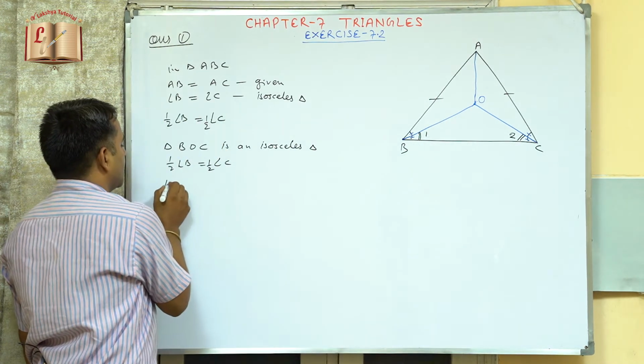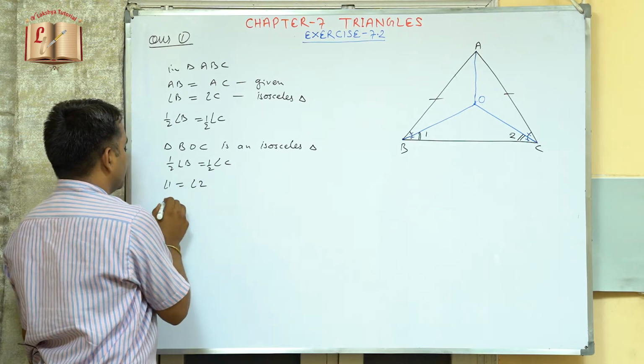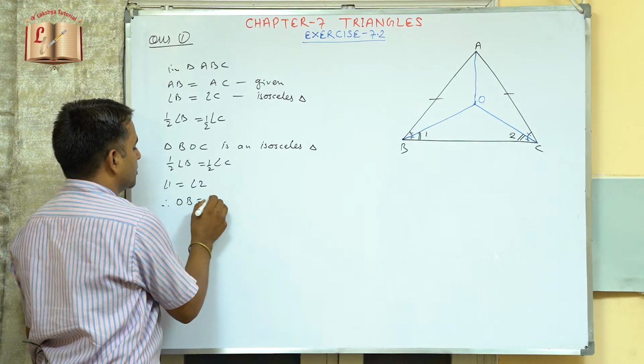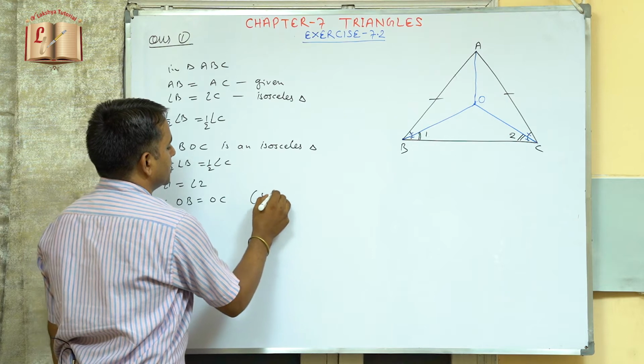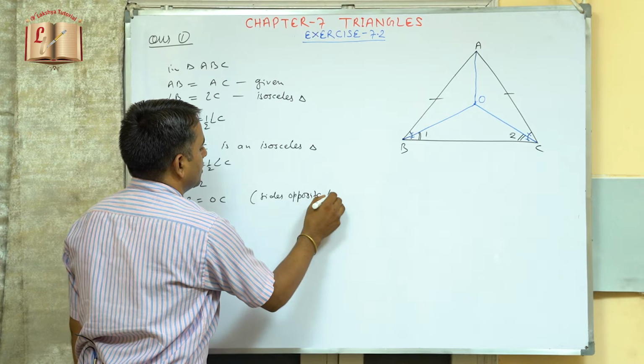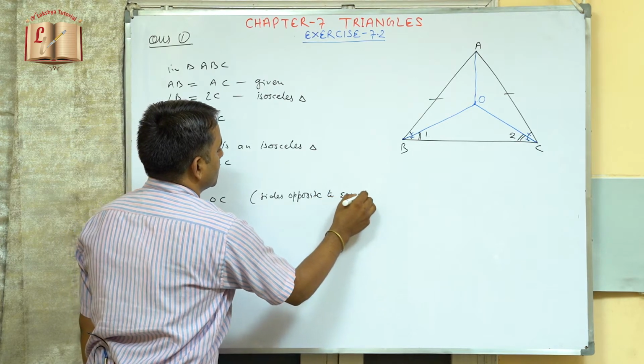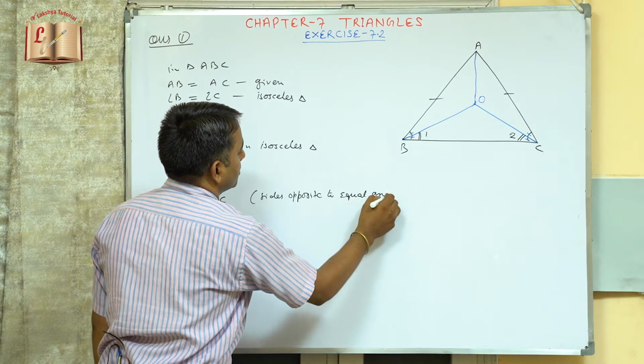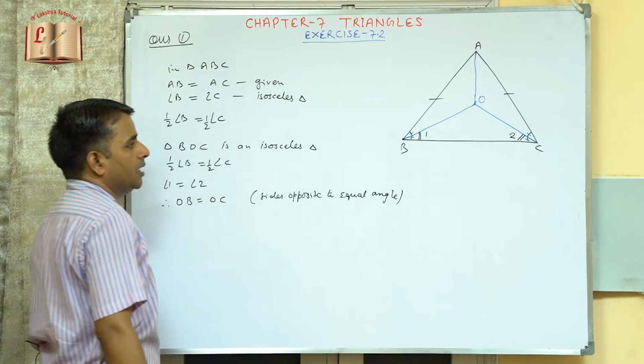Now I can write angle 1 is equals to angle 2. Therefore OB is equals to OC. These are the sides opposite to equal angles. So sides opposite to equal angles are also equal.